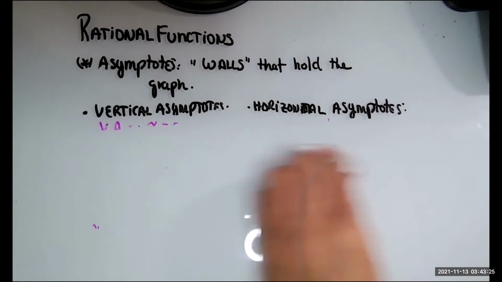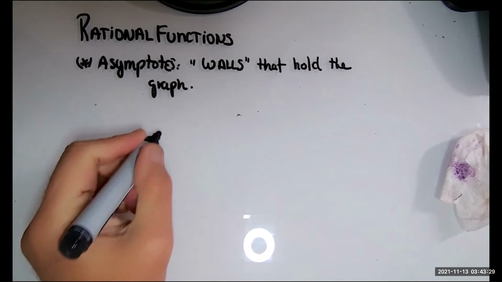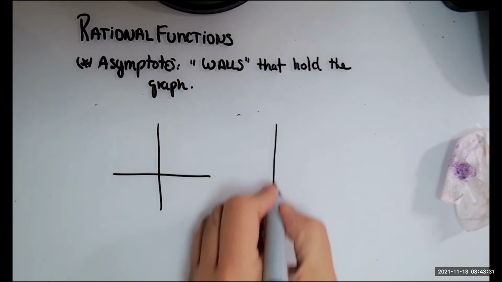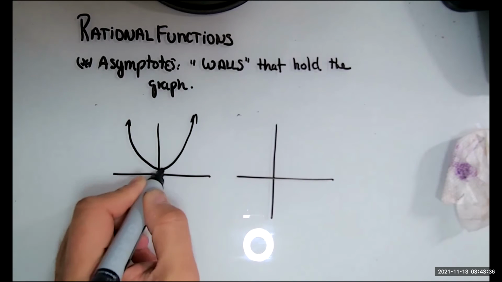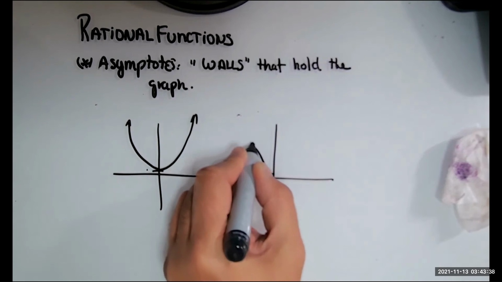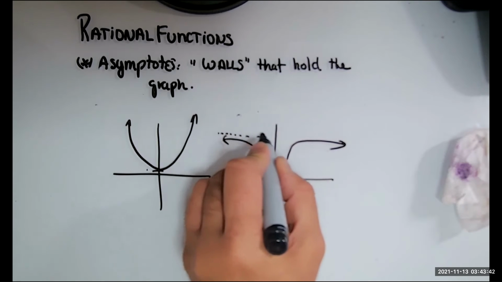So a good way to see the horizontal asymptote, let's look at these two graphs. If I have one like this, a parabola going like that, and this guy is 1, or I have a parabola like, let me flatten down here.